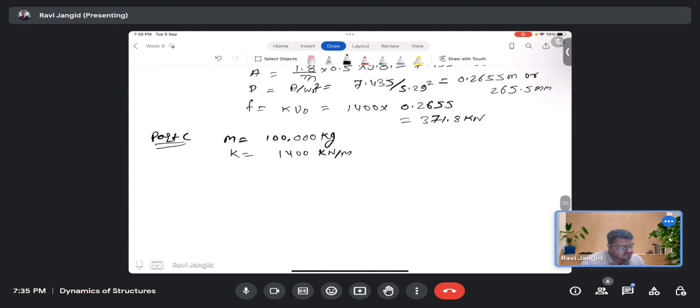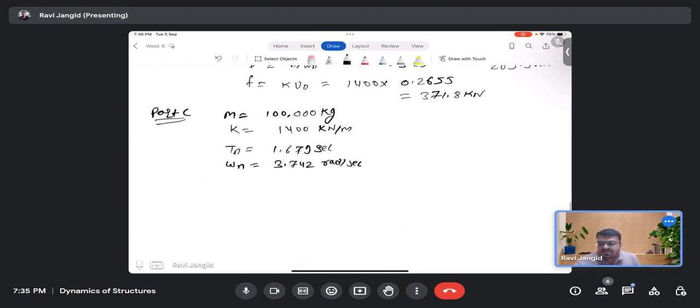So K is given as 1400 kilonewton per meter. If we calculate, because that is increasing in the same ratio, the time period is coming out the same as in the first case, 1.679. Second, omega n is also coming the same, 3.742 radian per second.